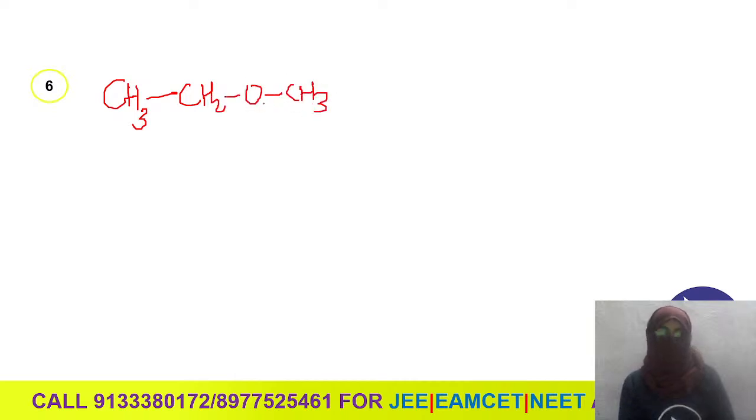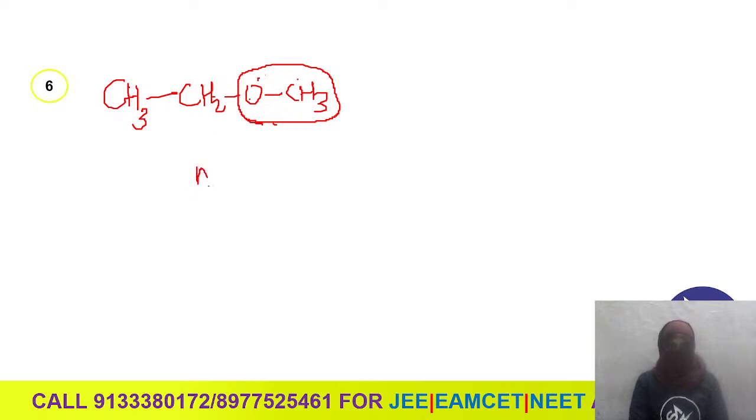Now look here, this is again ROR. Whenever oxygen comes in the center, it is called an ether. How to write the name of an ether: I told you already that you attach oxygen to the carbon chain which is shortest. Shortest is this. What is the name of this? Meth, and oxygen is there, hence I am writing methoxy.